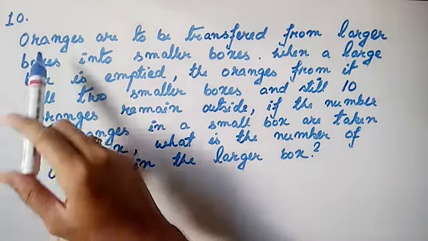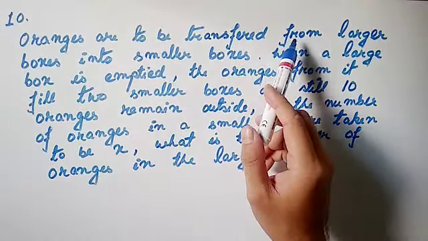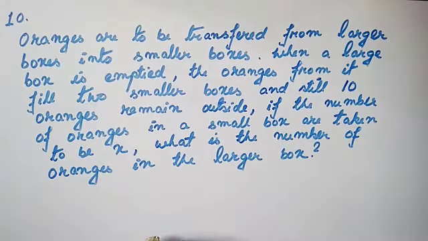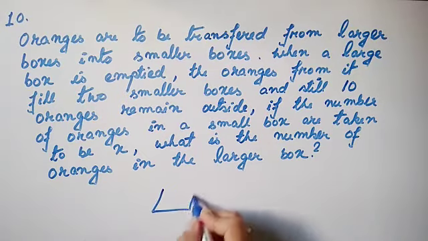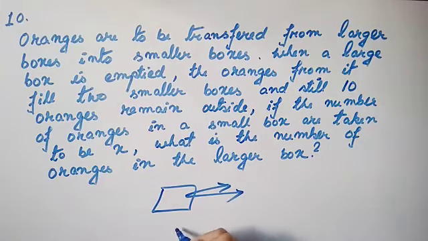It says oranges are to be transferred from larger boxes into smaller boxes. Understood? So it means that there is a large box, and inside this box there are some oranges.